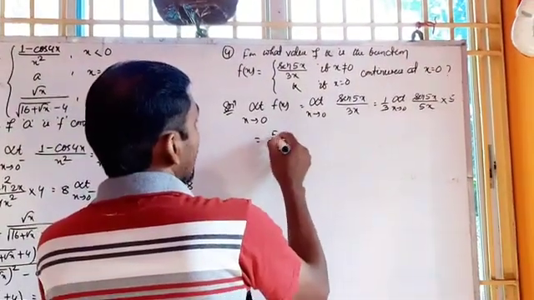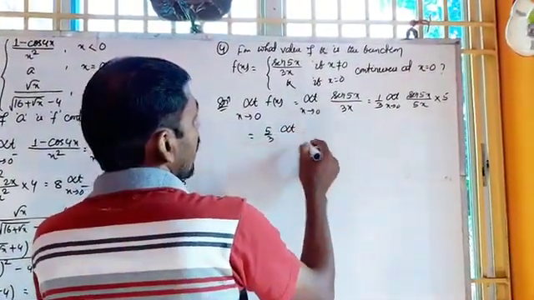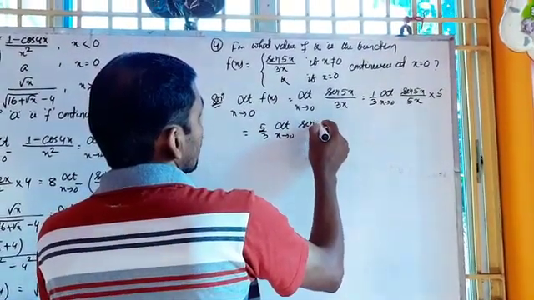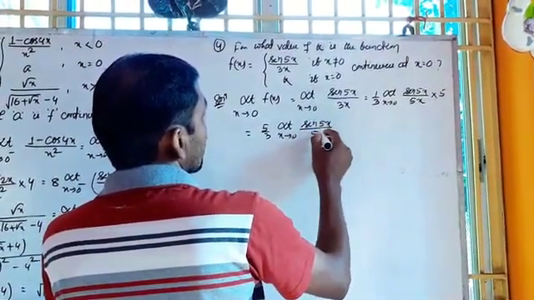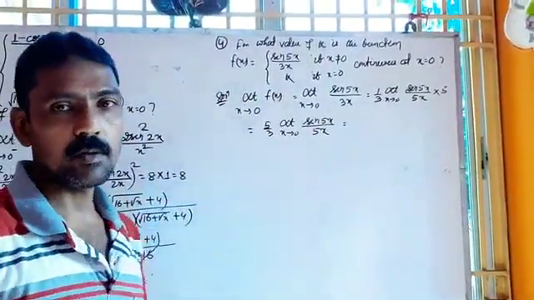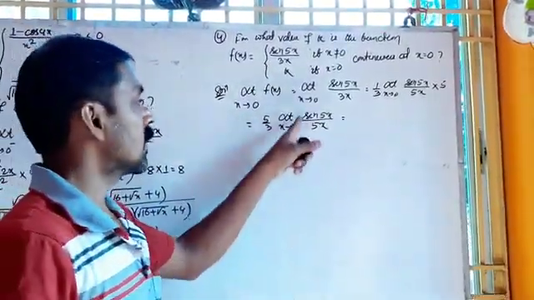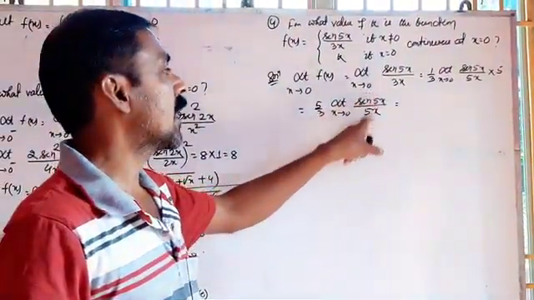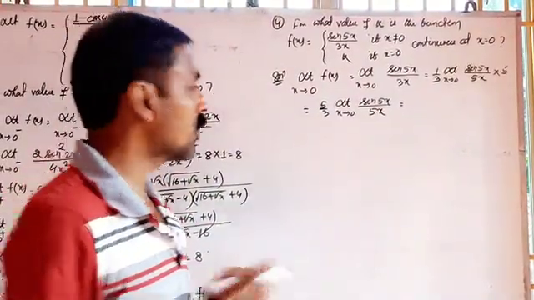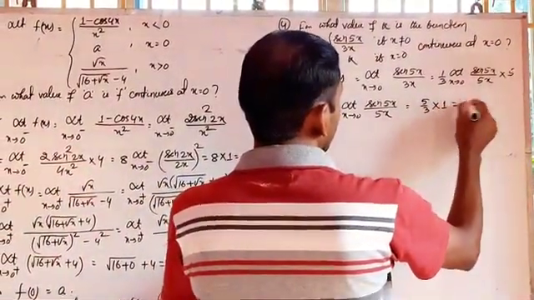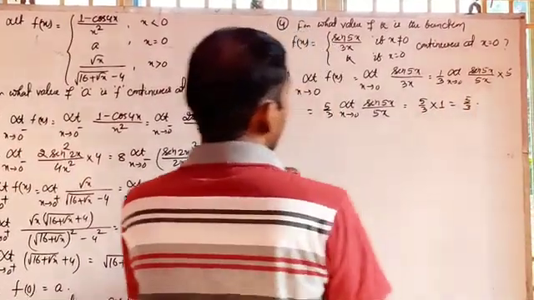So it is 5 by 3 limit x tends to 0 sin 5x by 5x. Now here x tends to 0 means 5x also tends to 0. So if we take 5x as theta, it will be in the form of sin theta by theta, theta tends to 0, which is equal to 1. So it is 5 by 3 into 1 equal to 5 by 3.